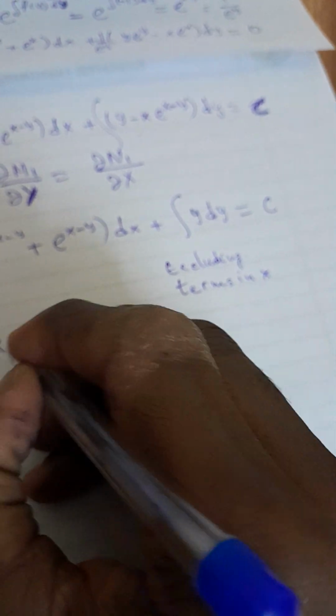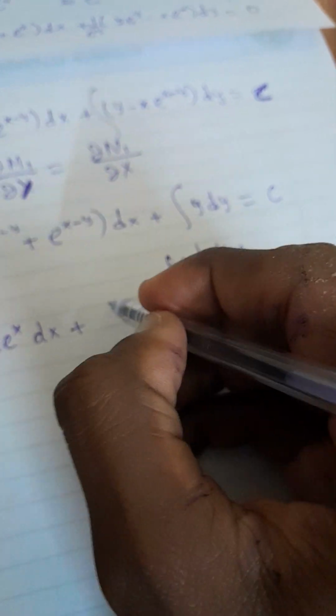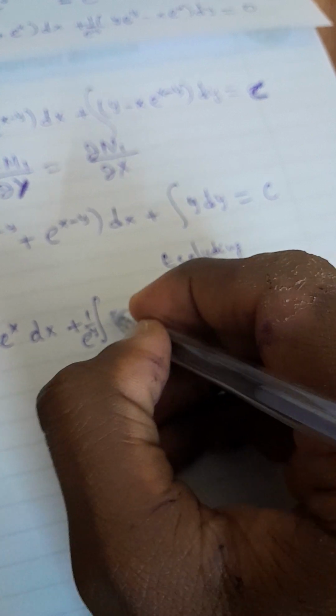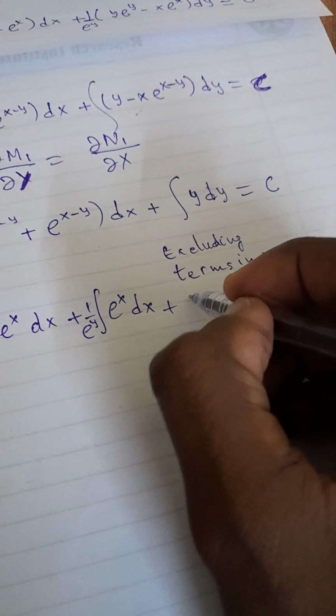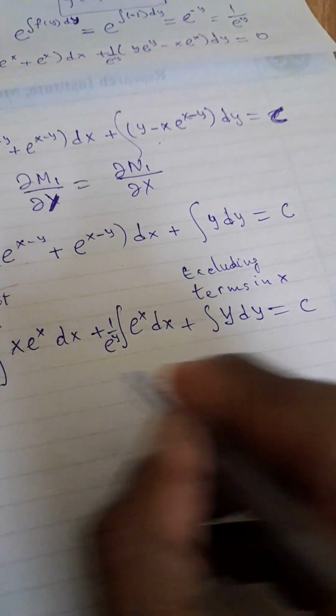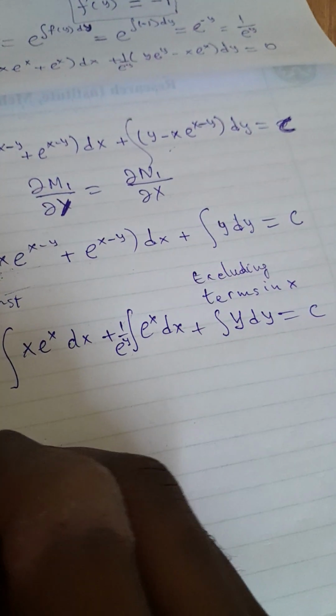Here it will be 1 upon Euler y and x Euler raised to x dx, plus, then you can solve also for this one, 1 upon Euler y and Euler raised to x dx, plus the integration of y dy equal to c.